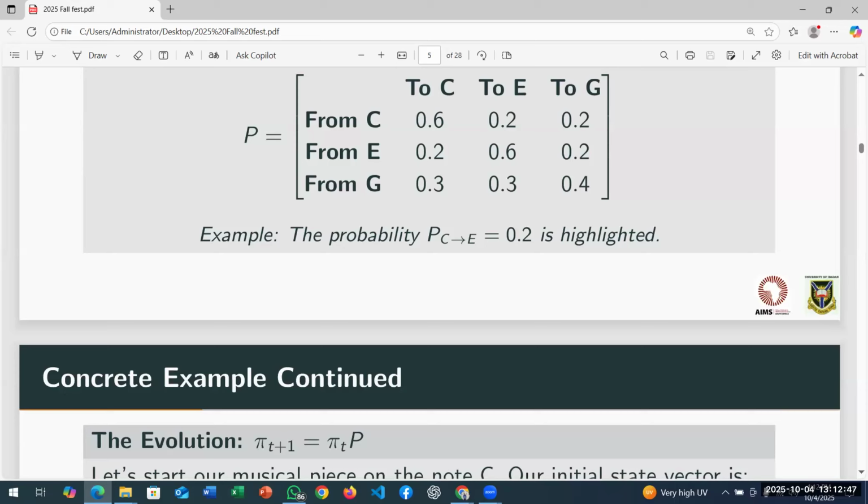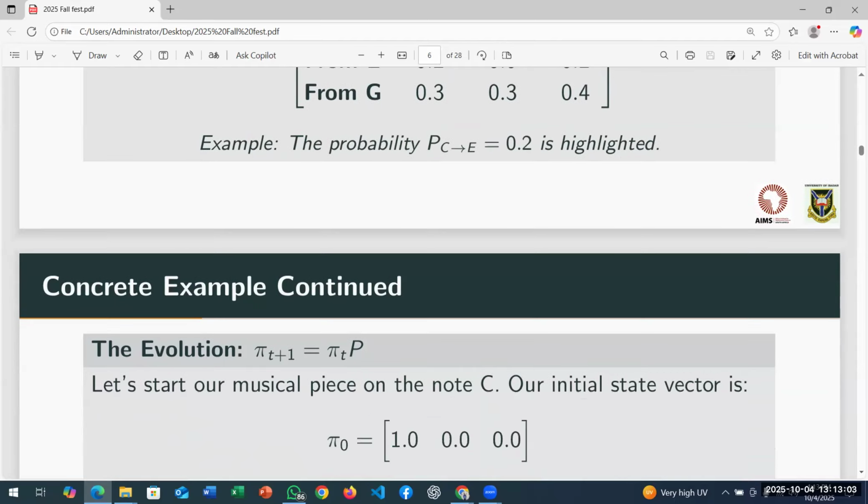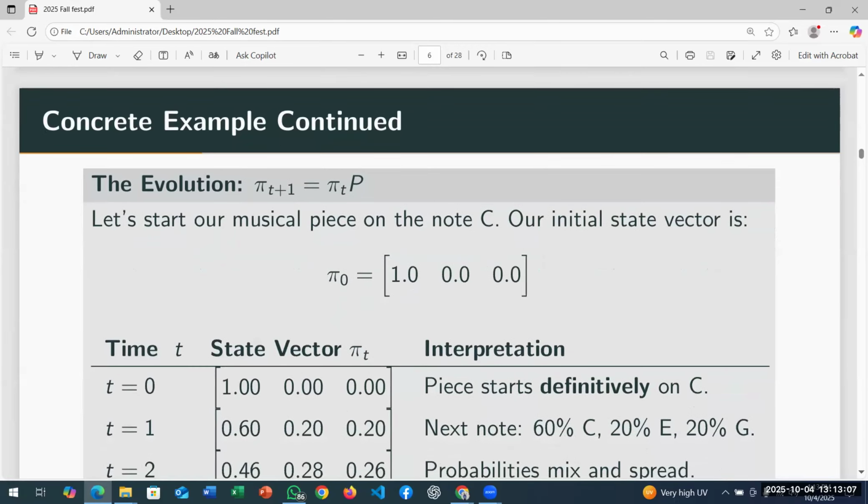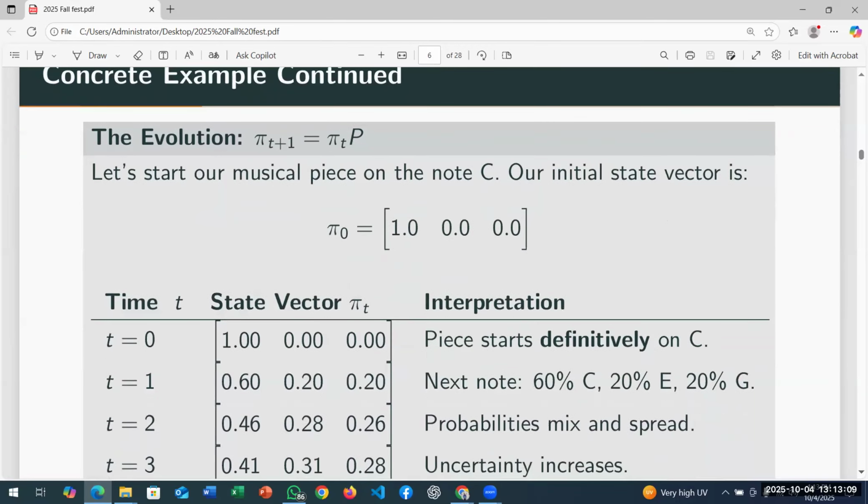Because the knowledge of this is very important when we are talking about Markov chain or Markov process. Because random walk is a typical example of this Markov chain that we are talking about. This is the evolution. The evolution says that the initial state vector that you pick, let's say at time t equals 0, this is my initial row vector.